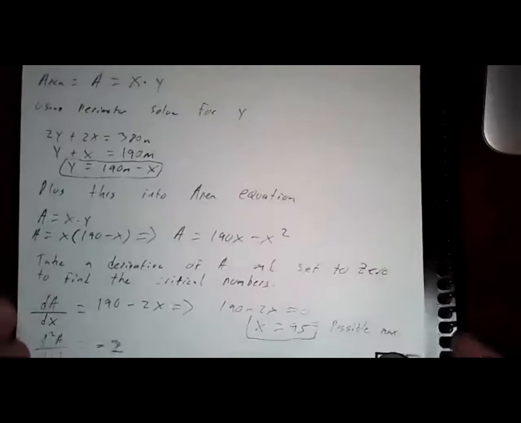All right, so I'm out of space on this page. So let me write the width equation here. We had y equals 190 minus 2x. This pen is dying on me already.